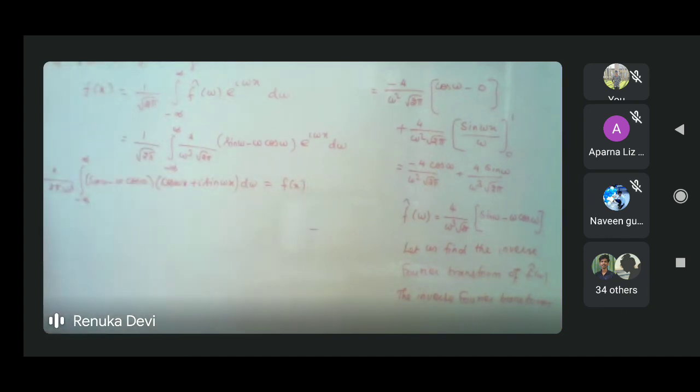I just interchange the terms, that's it. Now if you multiply these two, you get 4 terms, so instead of writing the 4 terms, I just write the 2 terms.